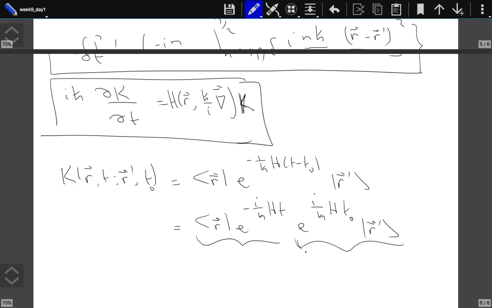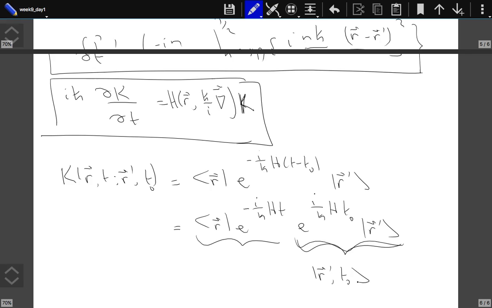So what is this ket on the right, do you remember? Well, if it was e to the power minus i over h bar H t0, it would have been just the time evolution of the ket r prime. But it's not minus, it's plus. But nevertheless, this is in the Heisenberg picture. It is the position eigenket at the time t0.